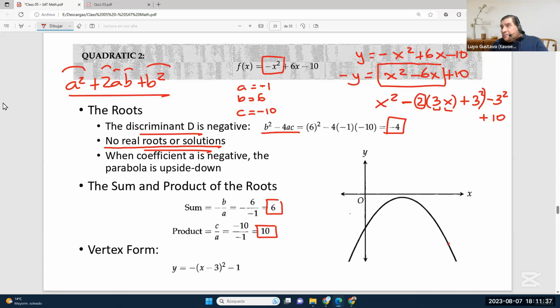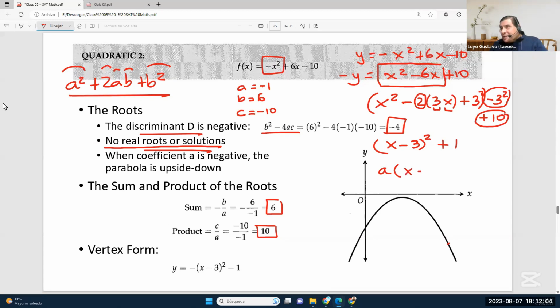With this part, I can factor this out as the square of a binomial. This is the square of x minus 3. And this part here, I will operate with: 10 minus 9 is actually 1.